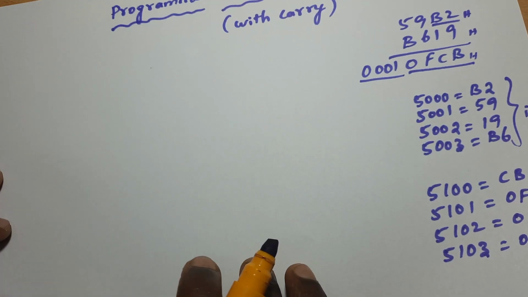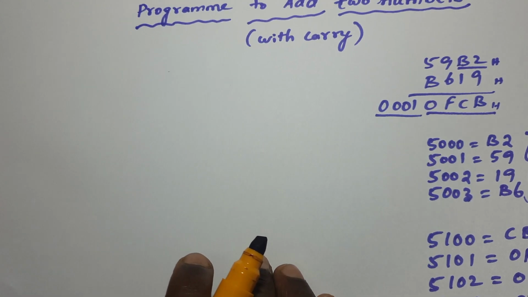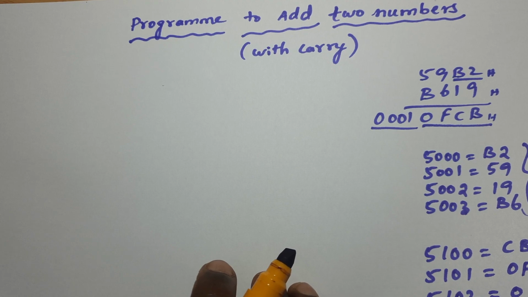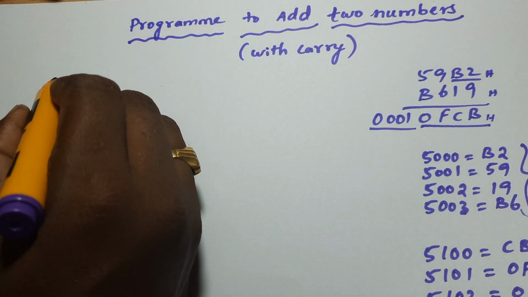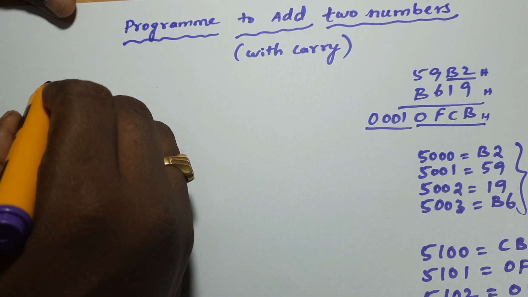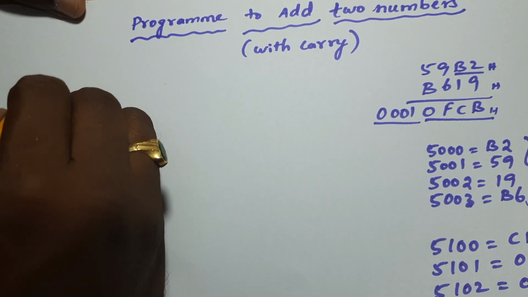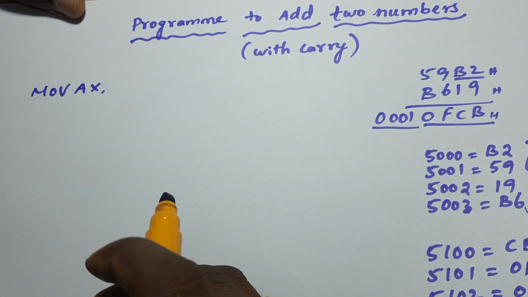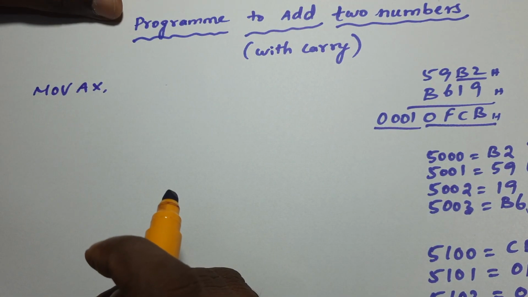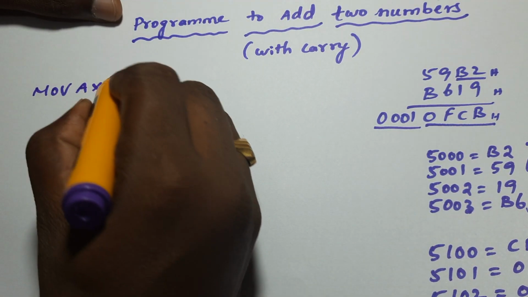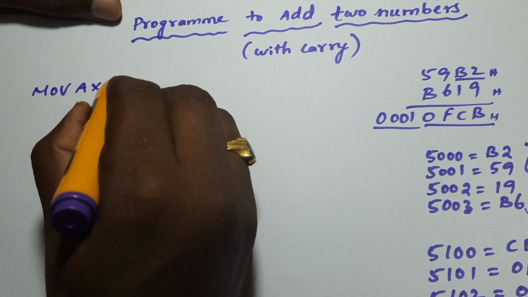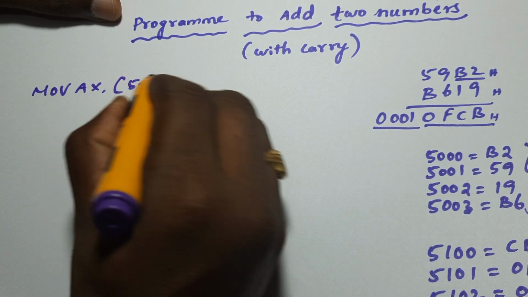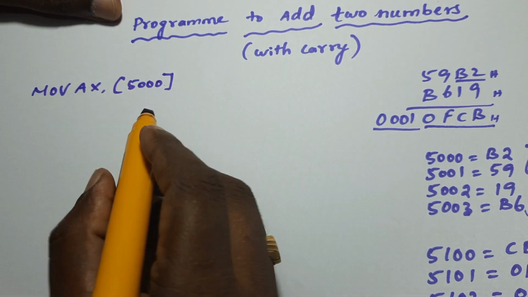Now we will write the program. Since I told you I'm going to use direct addressing mode, we are going to move the first input value. So MOV, I'm choosing AX, it needs to be moved to the processor. The first operand should be moved to the processor, and I'm moving the value stored in 5000 as well as in 5001.